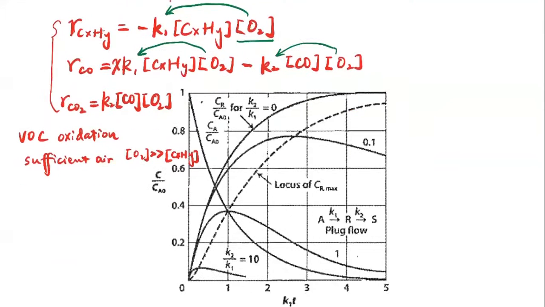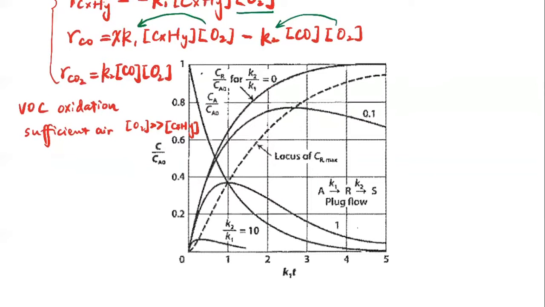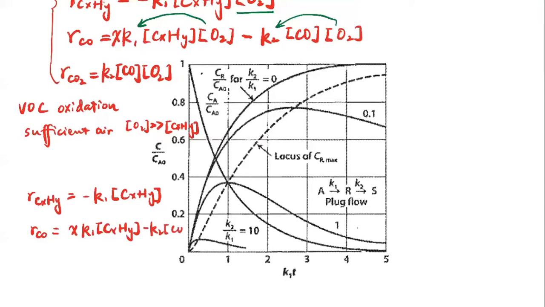And then we can simplify this set of reactions. So basically, the reaction rate of hydrocarbon is equal to minus K1 CxHy. The reaction rate of carbon monoxide is X multiplied by K1 CxHy minus K2 times the carbon monoxide concentration.